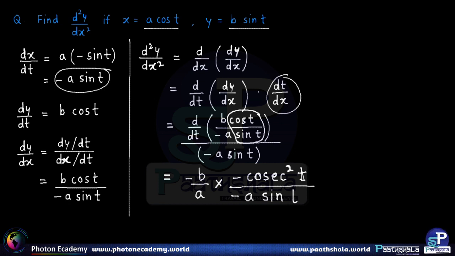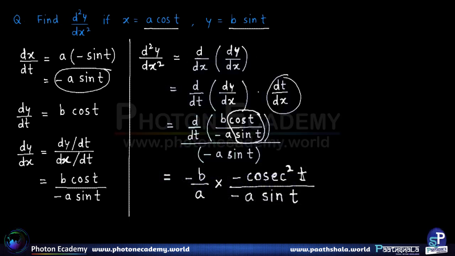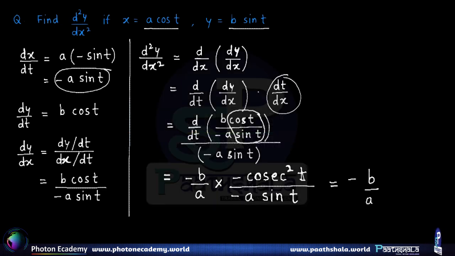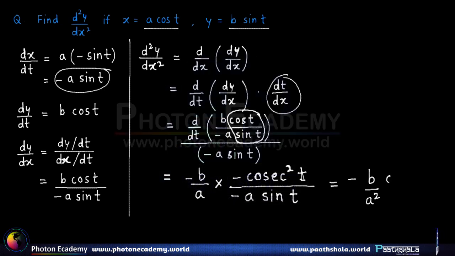So therefore if we finally write the signs, there are 3 negative signs, so ultimately the answer will also be negative. So that gives us minus, here you have b upon a into a gives us a square, and if we look at the remaining part, that is cosec square t in the numerator and sin t in the denominator, so the sin t can be considered as cosec t in the numerator, which finally gives us cosec cube in the numerator, isn't it?